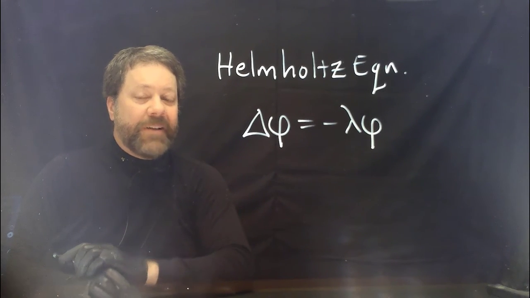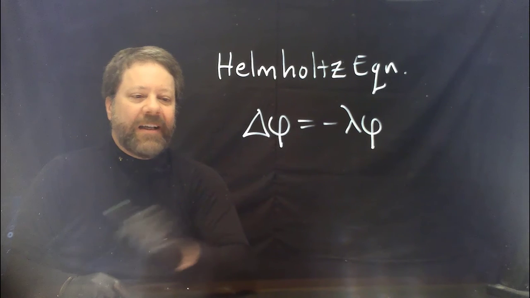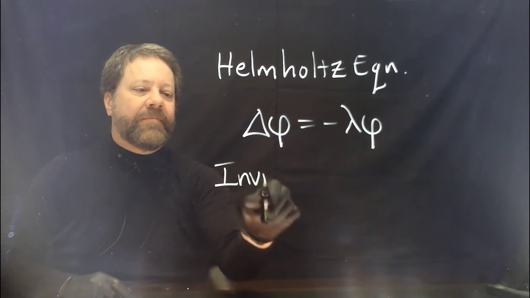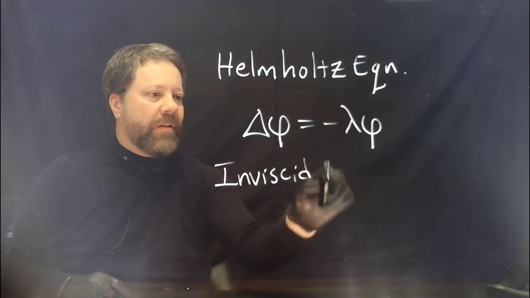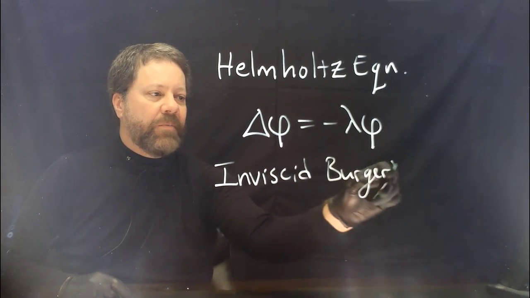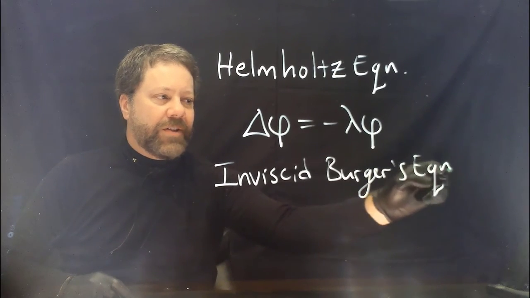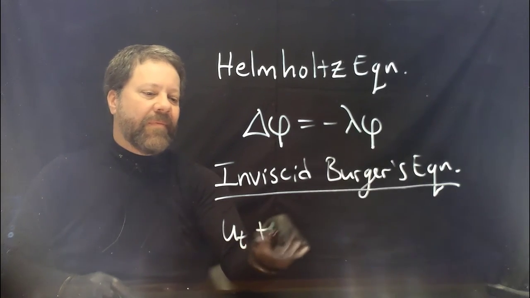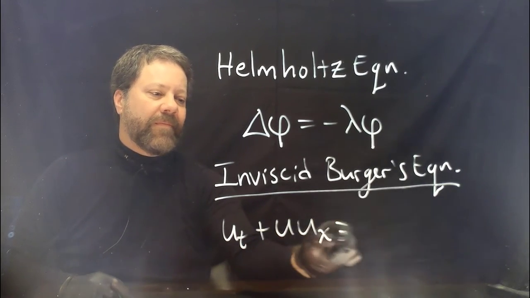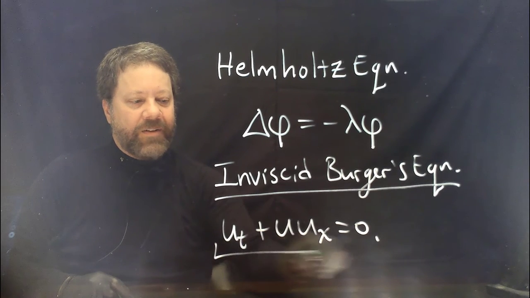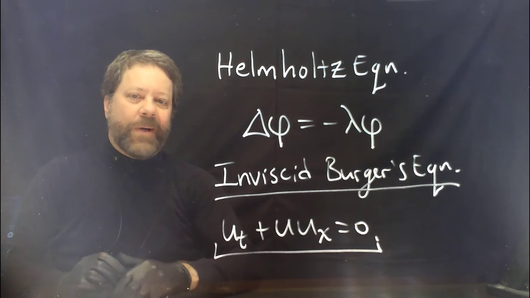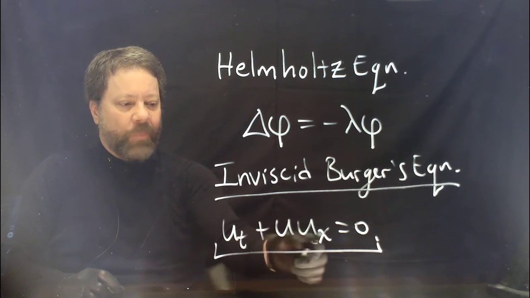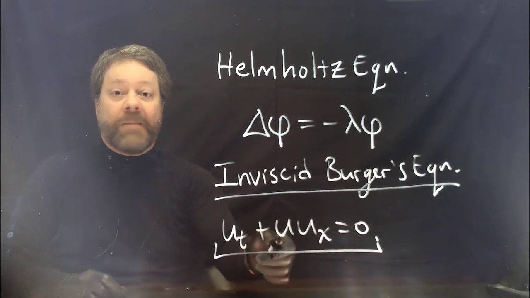We'll see this come up in certain applications as well. And we'll also look at the inviscid Burgers' equation just a little bit in this course. What's different about the inviscid Burgers' equation is that it is nonlinear. We have a partial derivative of u multiplied by u.